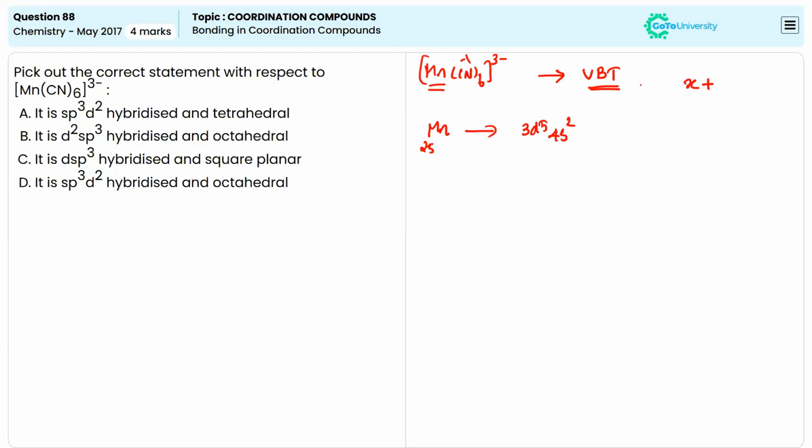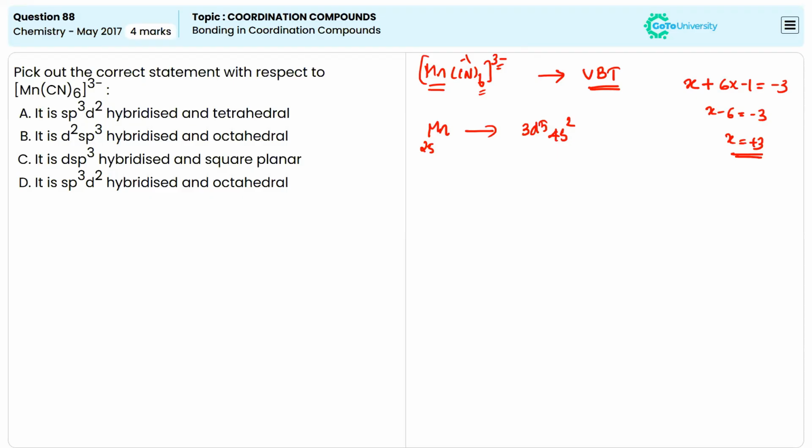So x plus 6 into -1 is equal to the total charge, that is -3. So x minus 6 is equal to -3. So x will be +3.